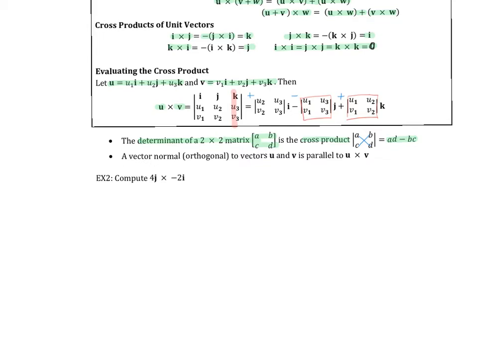Let's do some examples, but first, keep in mind that whenever we do cross and we get a vector normal or orthogonal to our vectors u and v, any other vector that is normal or orthogonal to u and v will be parallel to the cross. Okay, so these are all going to be parallel vectors.